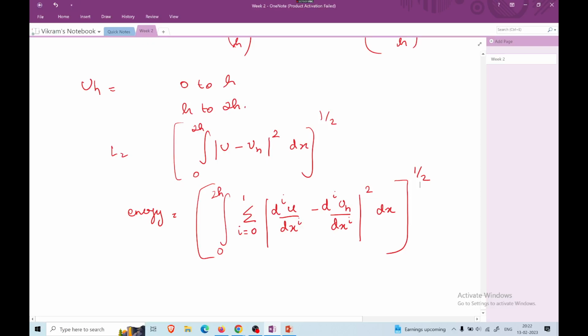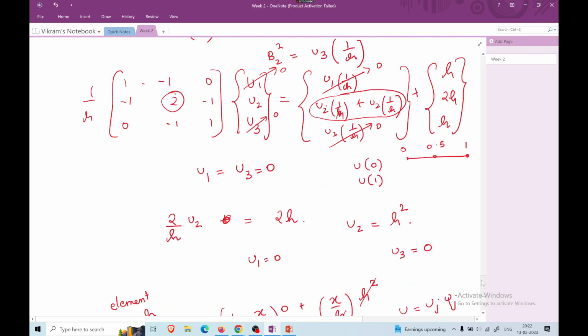Since it is already time, you can try to calculate this term, and calculate what the energy norm and L2 norm are for each. So this is how we are calculating.